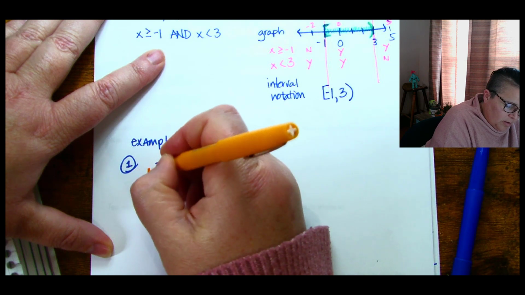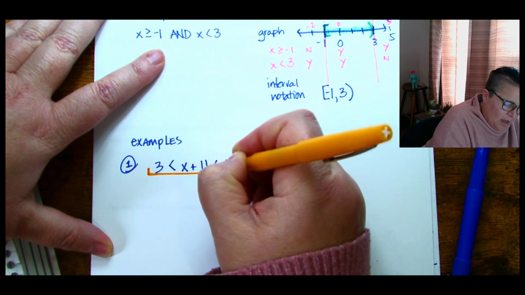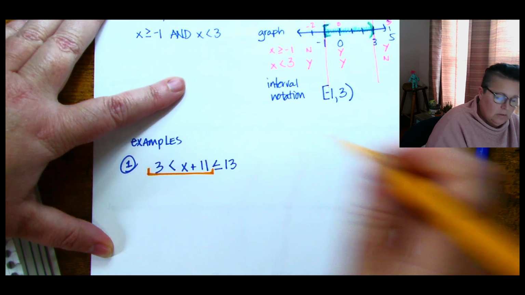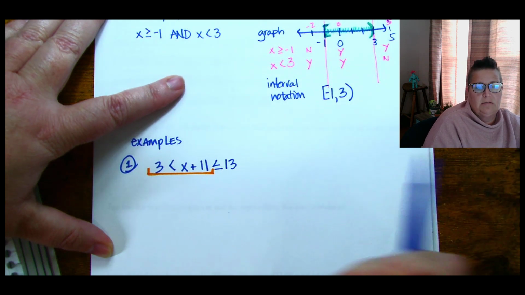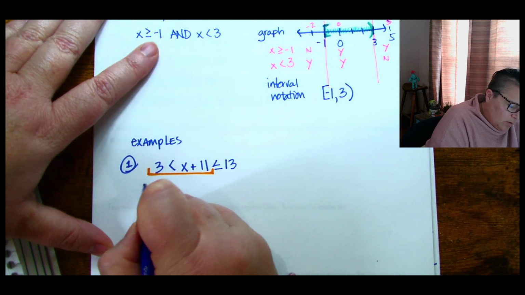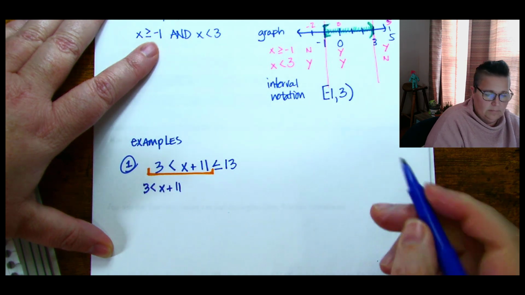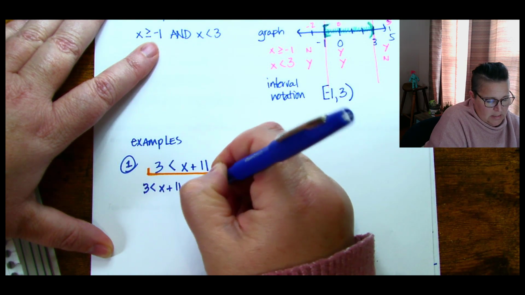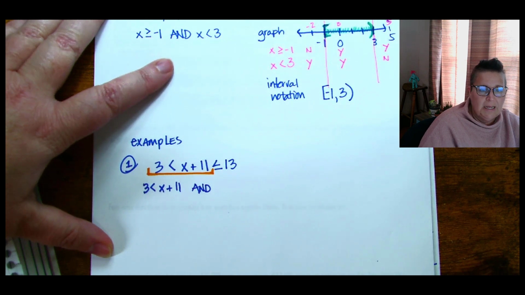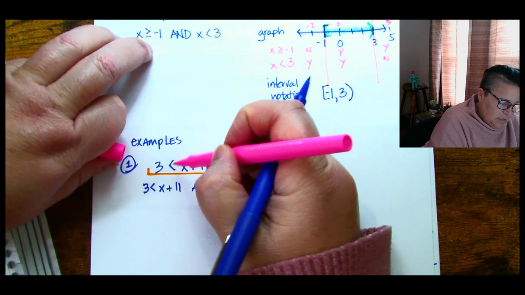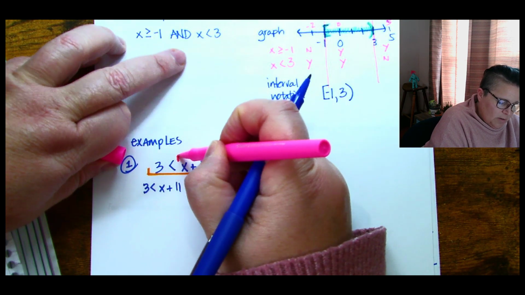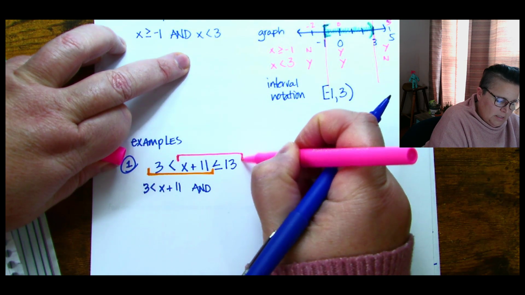The first part will go all the way up to that inequality sign, so that first part will look like 3 is less than x plus 11. And then we're going to work on the second part, which starts at that inequality and goes all the way to the end.